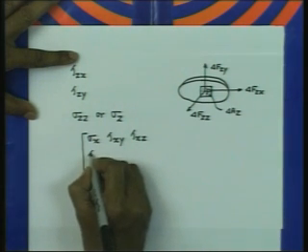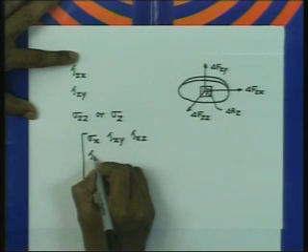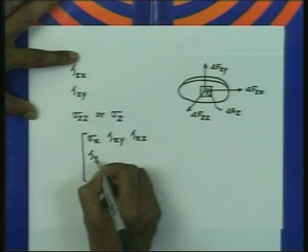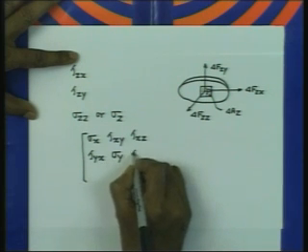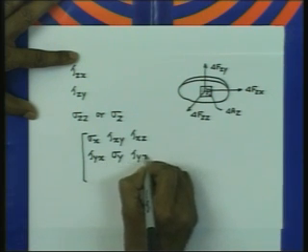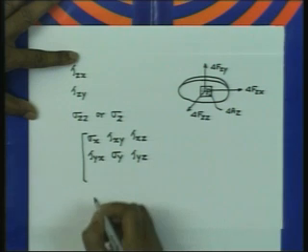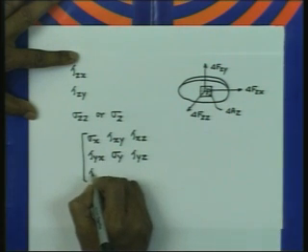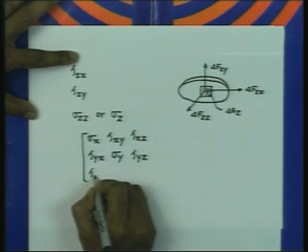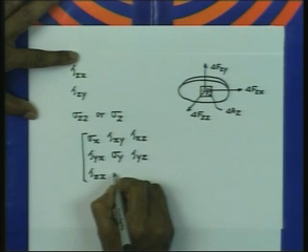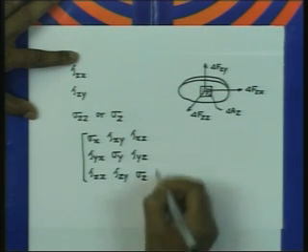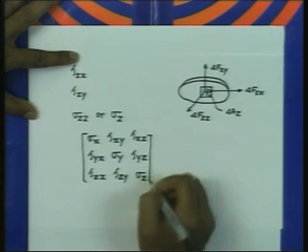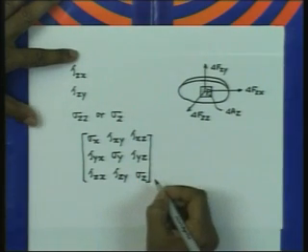Similarly, for the y plane we will have tau yx, the shear stress on the y plane in the x direction, then the normal stress sigma y, then the shear stress tau yz on the y plane in the z direction. Similarly, for the z plane we will have tau zx, tau zy and sigma z. So, these are the 9 components.